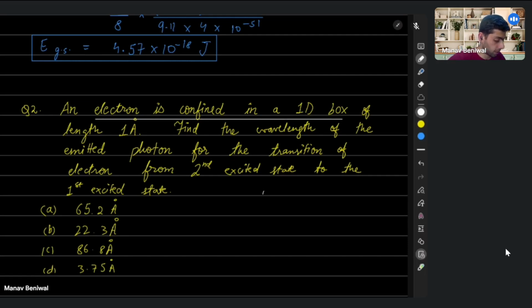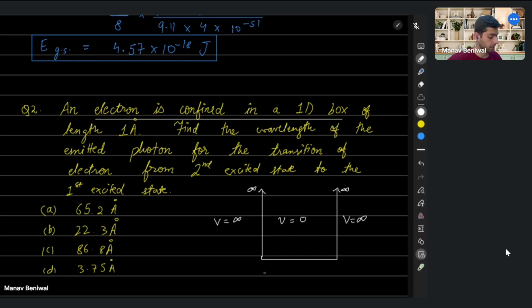So let's draw a 1D box. Yeah, it looks something like this. Correct. So outside the potential is infinite and inside the potential is 0.